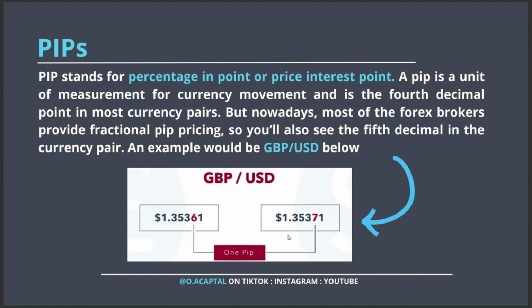So if we buy the pound USD at 100, and let's say the price is 100.50. Well, if this price increases to 100.60 or 100.70, that's a 1 pip increase.